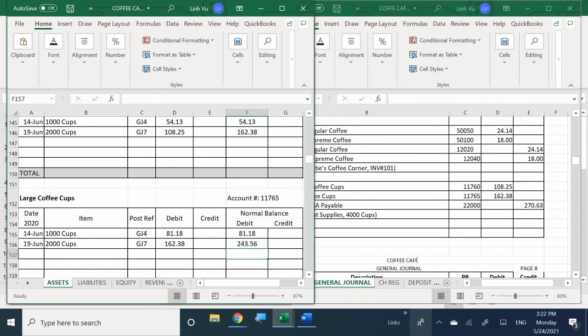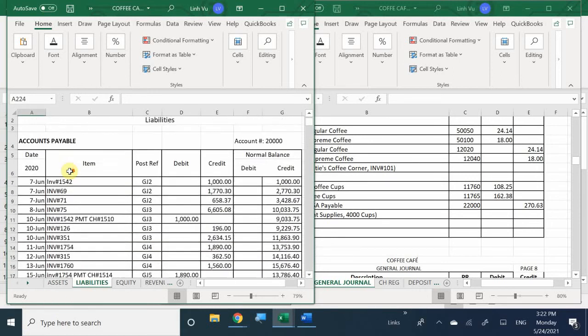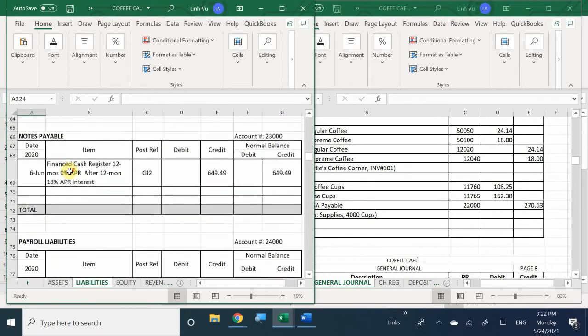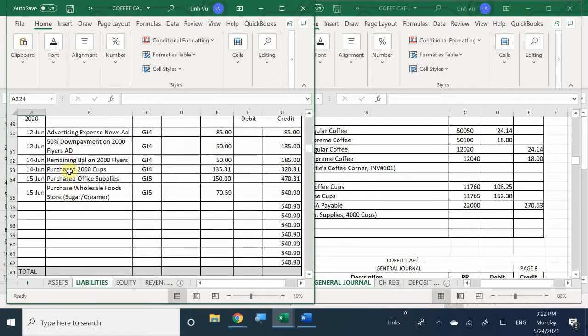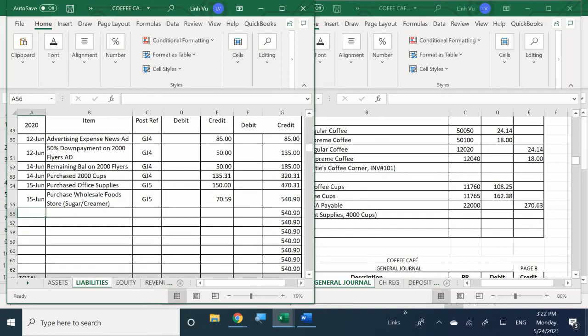Okay, what's next? Visa payable. Visa payable, liabilities. Oh, I think I missed it. There you go. I just put restaurant supplies and coffee cups.